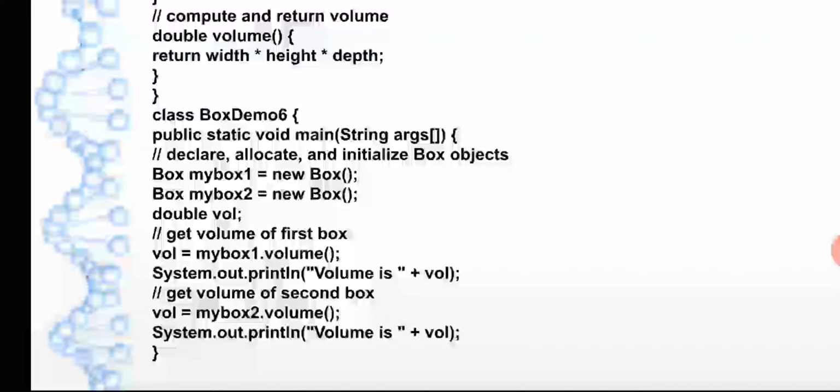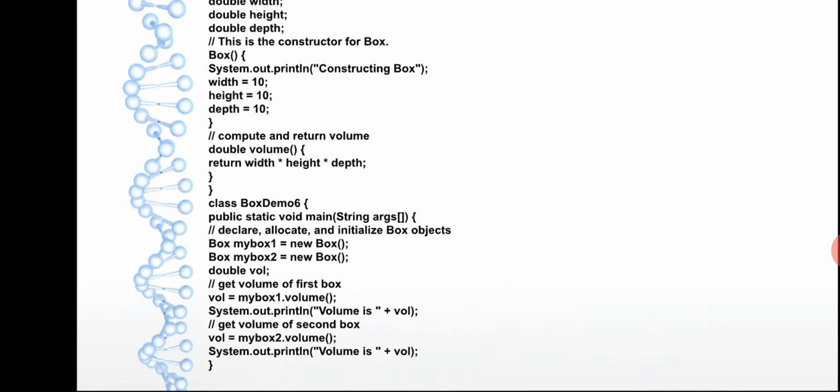Now you are using object 1 dot, you are going to call the volume method. When you call that, in the output screen you are going to see the output "constructing box" for object 1, and then you are assigning the values for width, height and depth. After that, you are going to print the value of vol.